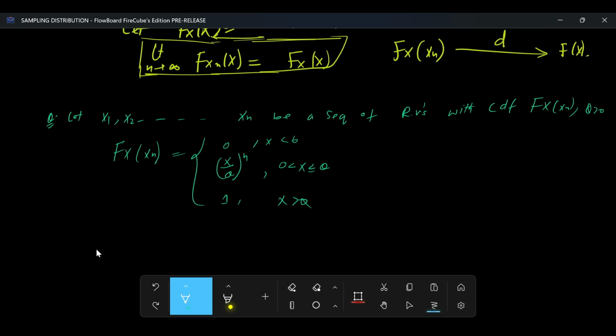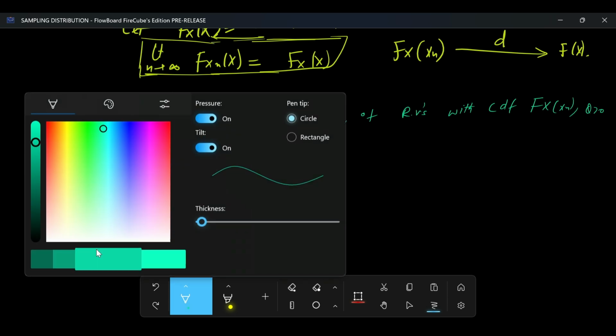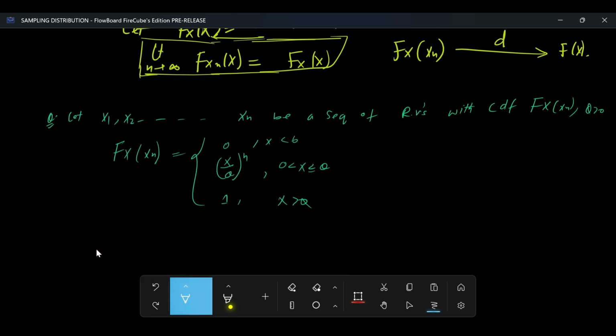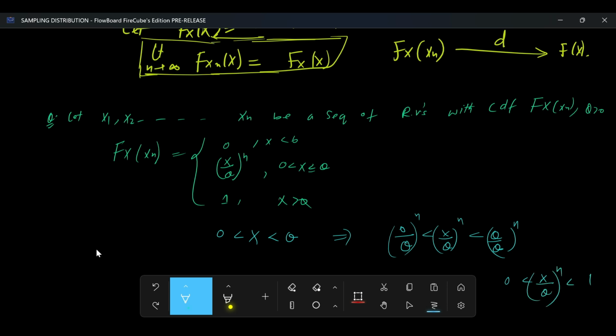So see what will happen here. As you know, the value of x is between 0 and theta, right? So x by theta, raised to the power n, is also between 0 and 1.